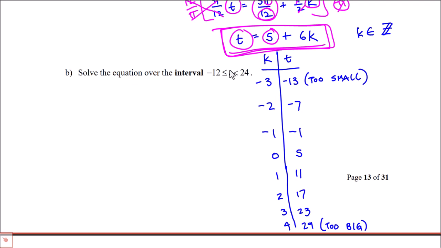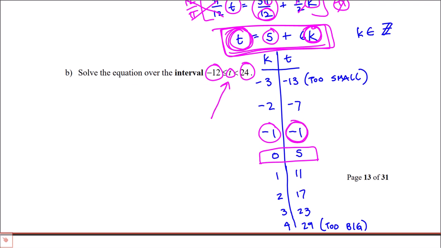This time they want t, which is what we're solving for, to be between negative 12 and 24. So if I start here in the middle, I plug in 0, I get 5. If I plug in negative 1 for k, I get negative 1, and that's still between negative 12 and 24.